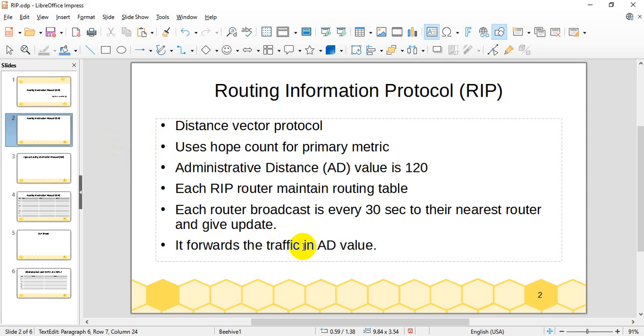That means if there is router 1 and router 2, and router 1 and router 3, the good thing is that we can manipulate the administrative distance value, which by default is 120. The path with the lower administrative distance value between the two routers is more preferable in the selection of the routing path. So it always forwards the traffic by administrative distance, or AD value.